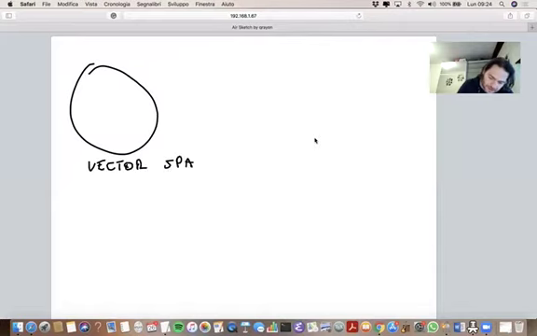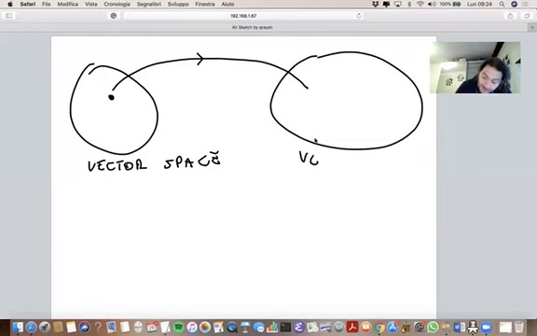So what the matrix does, it takes a vector space, takes each and every element of the vector space, and maps it onto another element of the same vector space. This is the same vector space.